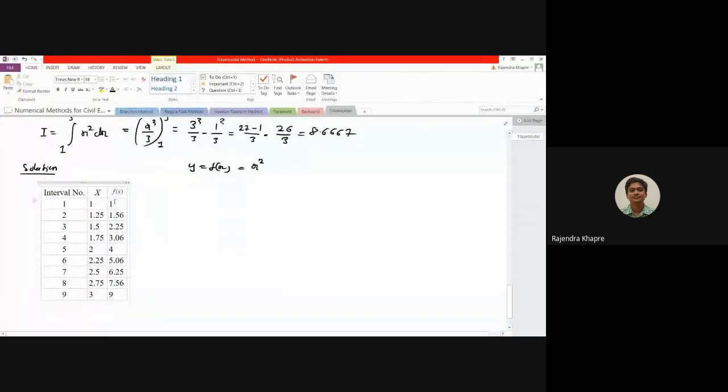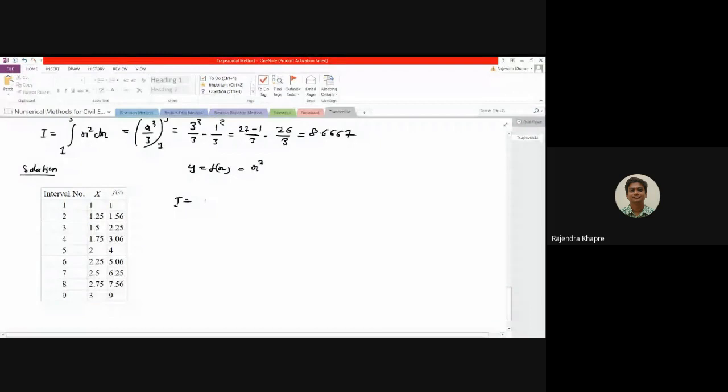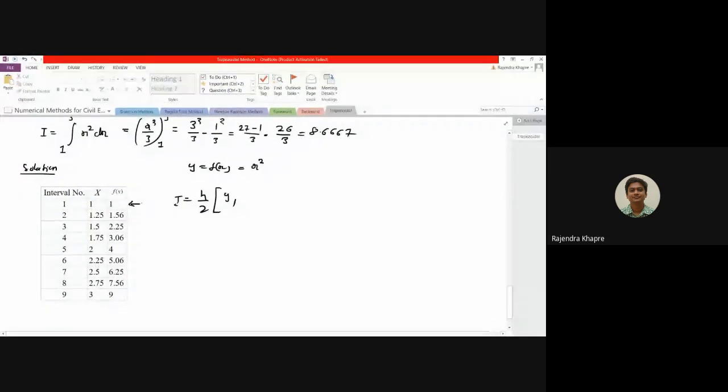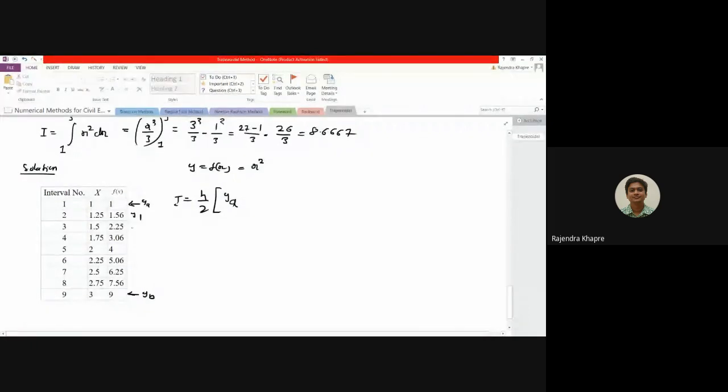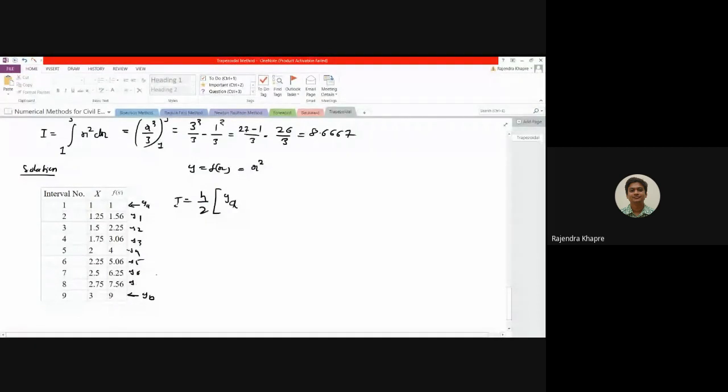So y is nothing but f of x, and your integration I will now be something like h by 2 into this will be your ya, and this value will be your yb, and this will be y1, y2, y3, y4, y5, y6, and y7.